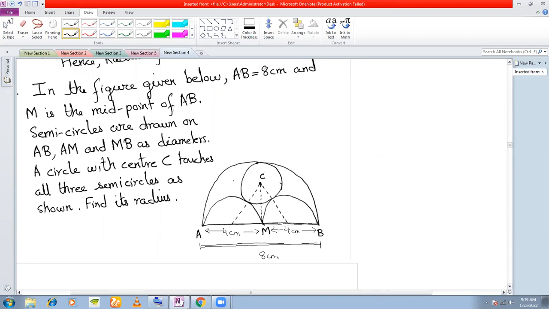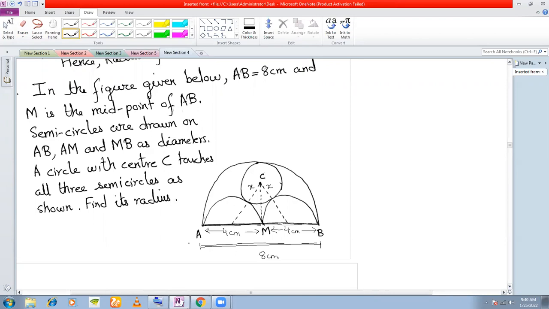Now, see, because we need to find out the radius of the circle with center C, let's take the radius of this circle as X, right? If this circle is of radius X centimeters, what should be the radius of this circle here? Diameter of this semicircle is 4 centimeters, right?